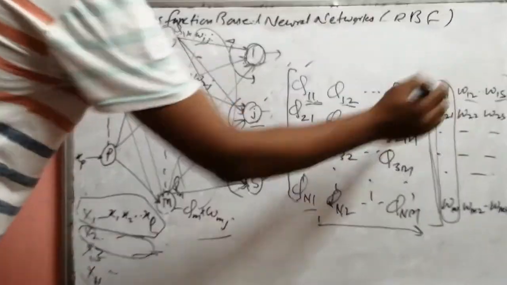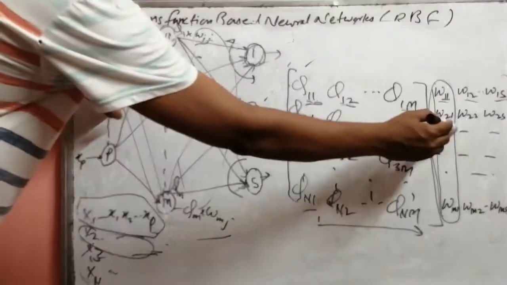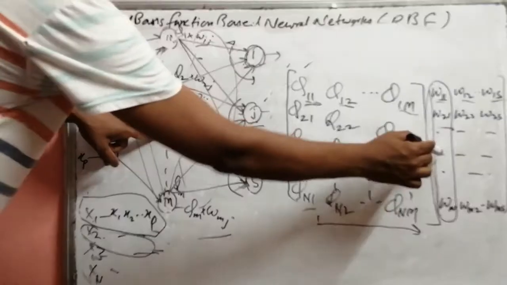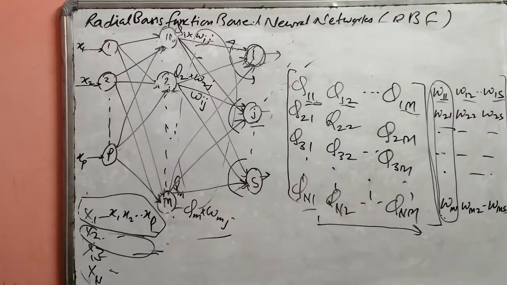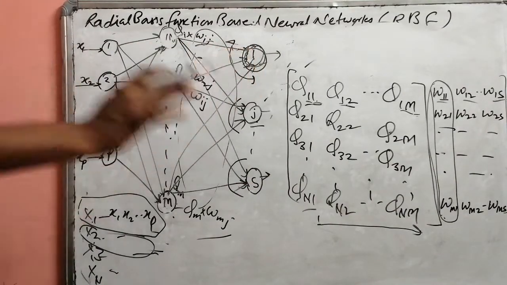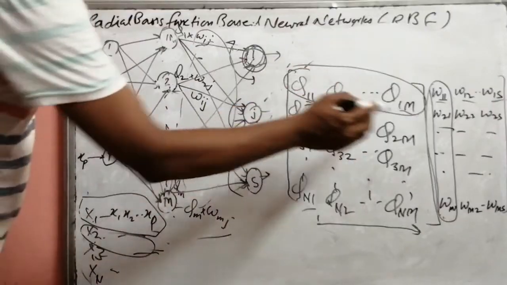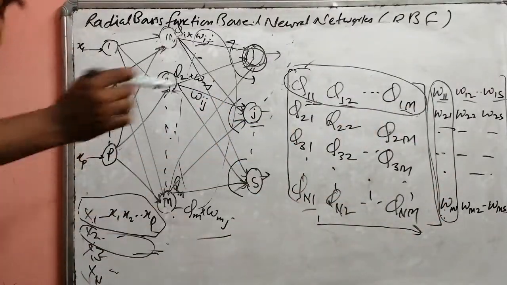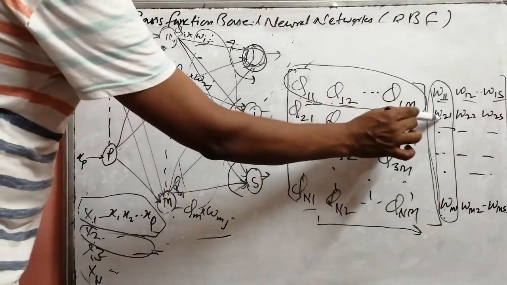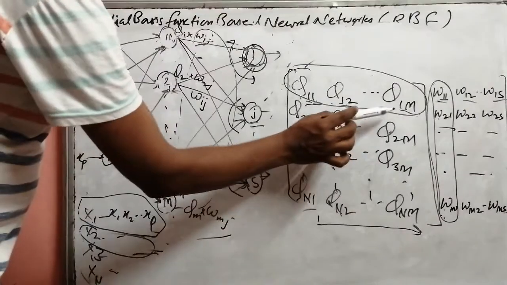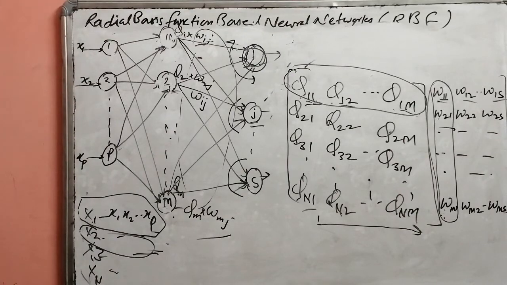This column gives W11, this one W21, this one W31, and Wm1 using this one. So the overall output corresponding to this neuron will be calculated by picking the first row of this matrix and the first column of the other matrix: phi 11 multiplied by this weight, plus phi 12 multiplied by this weight, plus phi 1m multiplied by this W of m1.